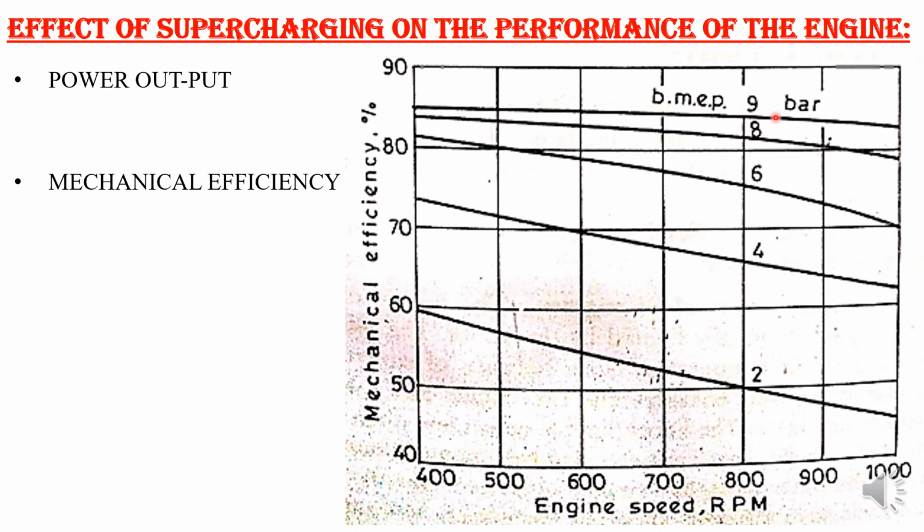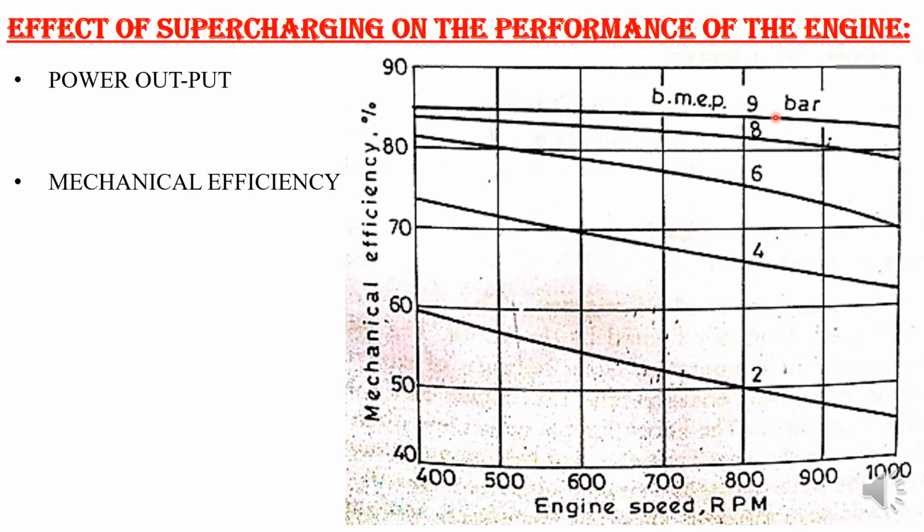Remember, see what will happen as you increase the supercharging pressure: it increases the load. So we have to change the bearing, meaning larger bearing components to withstand that load. Larger bearings mean the frictional forces are more, so the frictional power is going to increase.